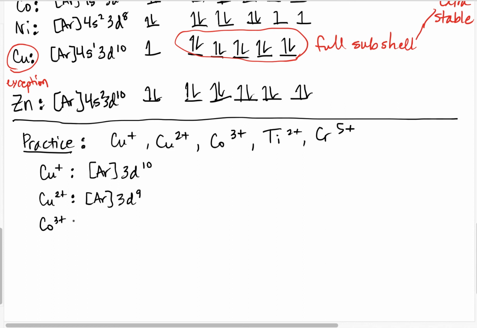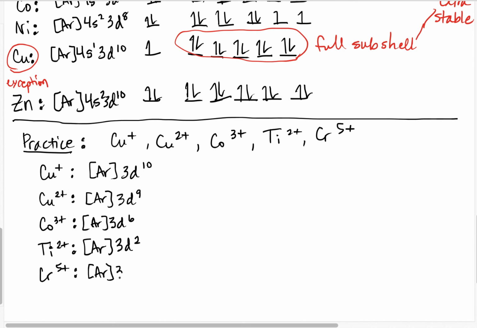Cobalt 3 plus, we take those 2 electrons out of the s orbital, and we end up with 3d6. Titanium 2 plus, we take the 2 electrons out of the s instead of the d, just as before. So we're always going to end up with d electrons. Taking 5 electrons away from chromium leaves us with just 1 electron in the 3d orbital of chromium.